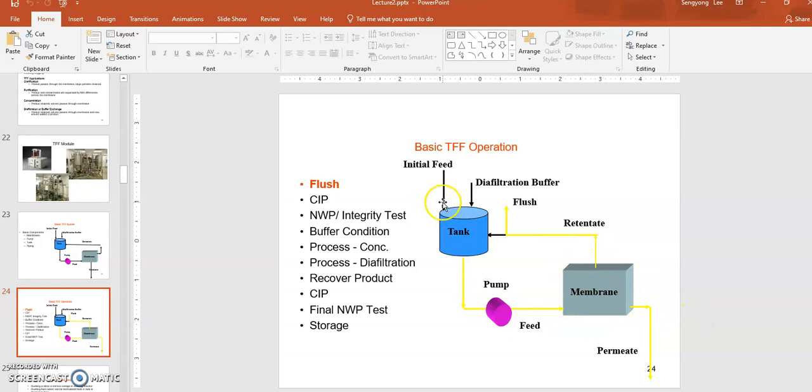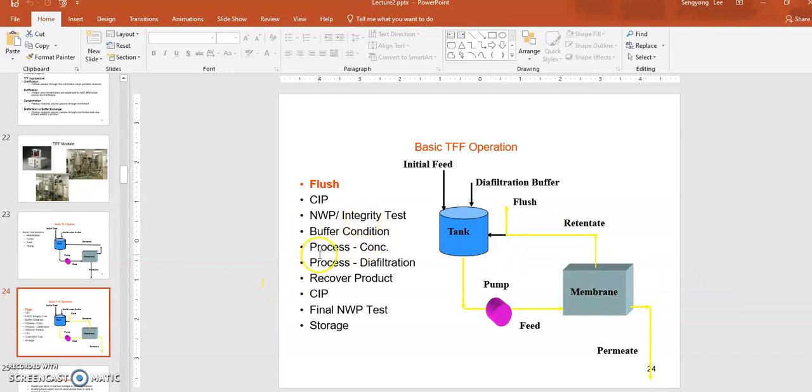Everything should be washed with a solution like one normal sodium hydroxide. We'll get rid of those, and then you do the flush with UFI again to remove the residual amount of sodium hydroxide, and then you're going to do the conditioning. Conditioning means you treat the entire system with the buffer that you will be using. So that's the conditioning step.